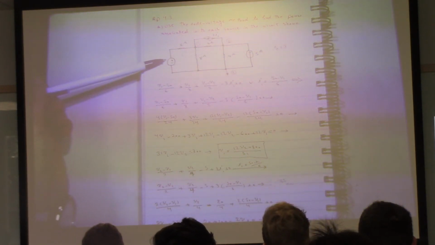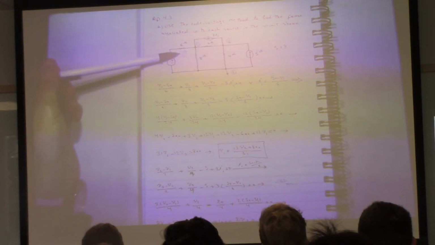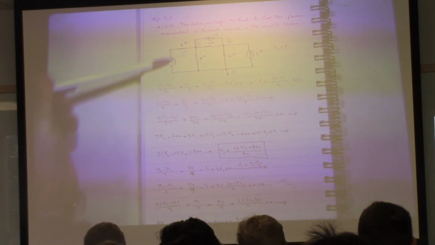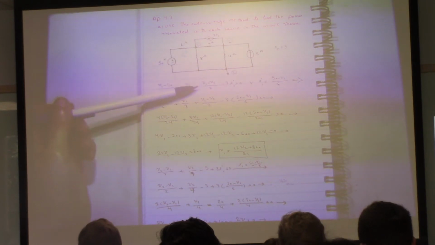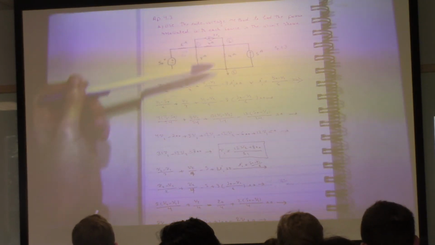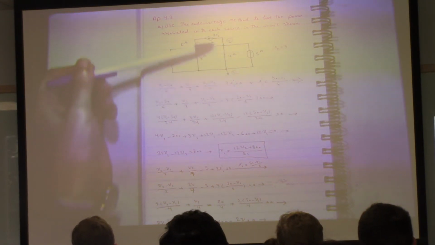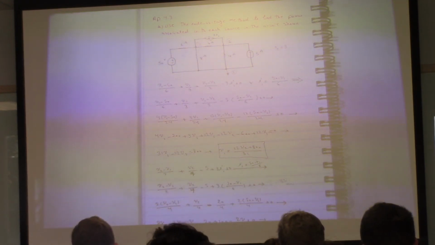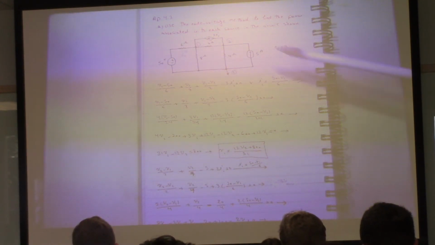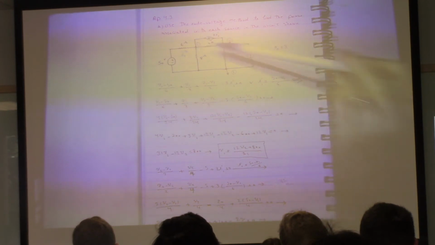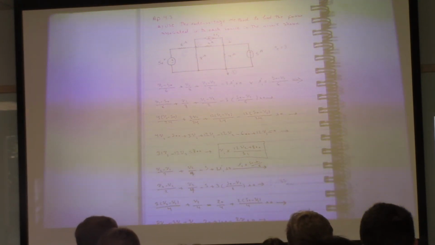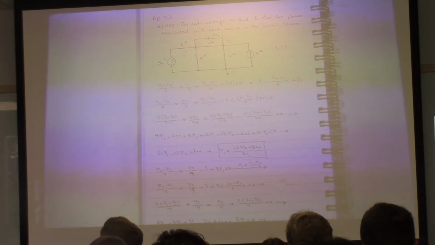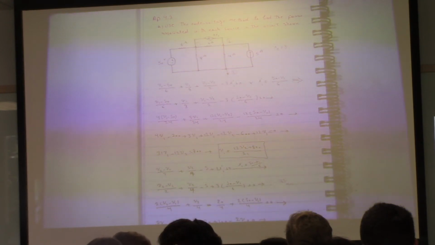(V1 minus 50) over 6 will be the current in this branch, plus (V1 minus 0) over 8, plus (V1 minus V2) over 2, minus 3I1, because this current is entering this node. That's why I put minus 3. For writing node voltage, I explained, you assume that the currents are leaving.